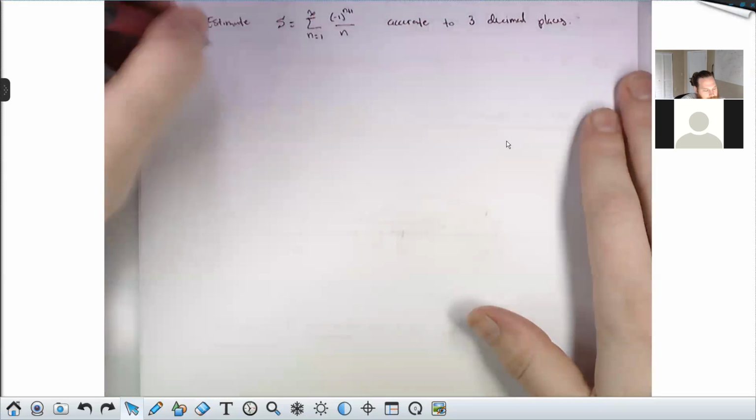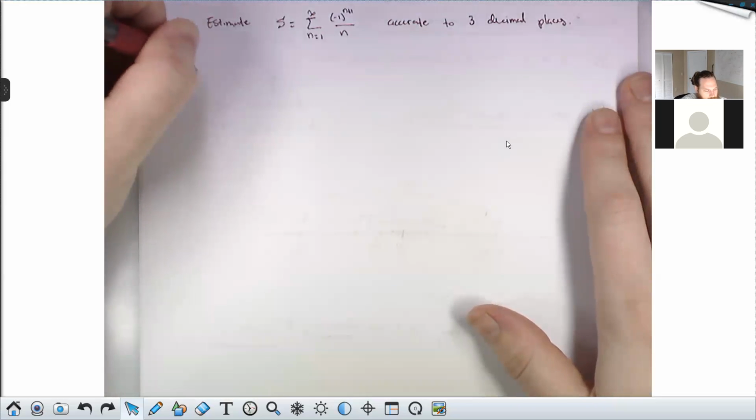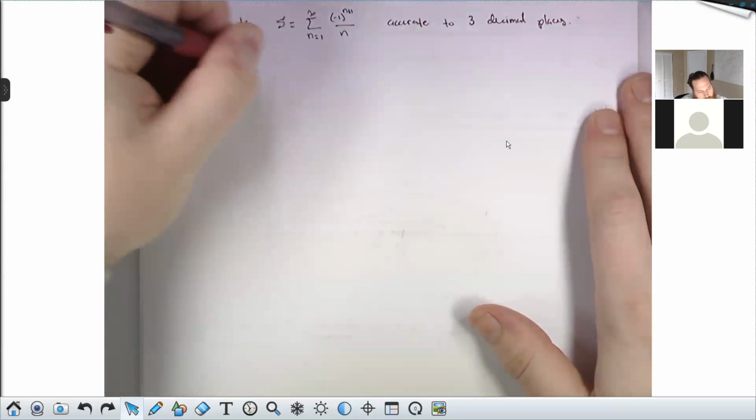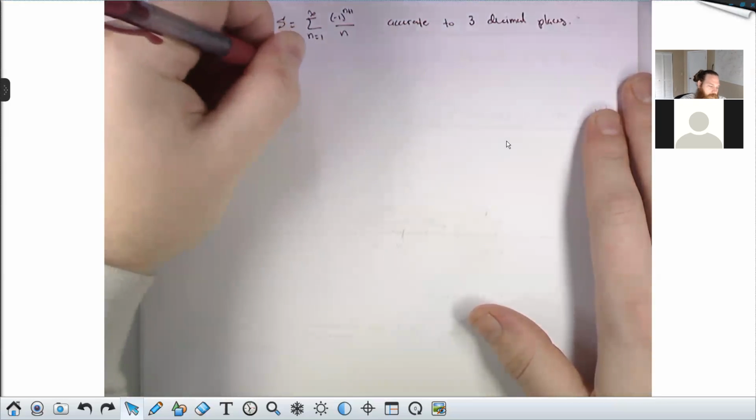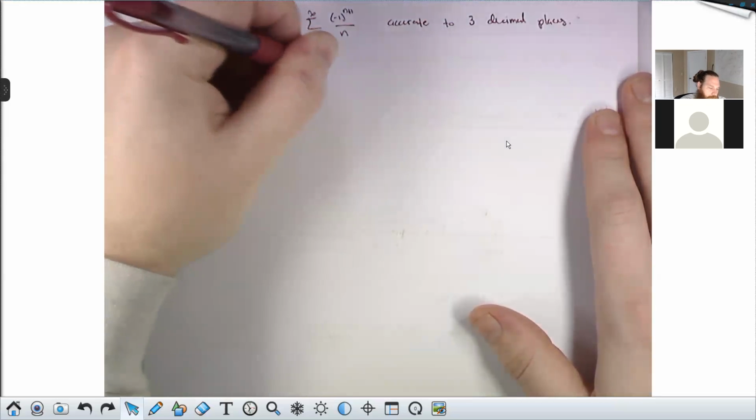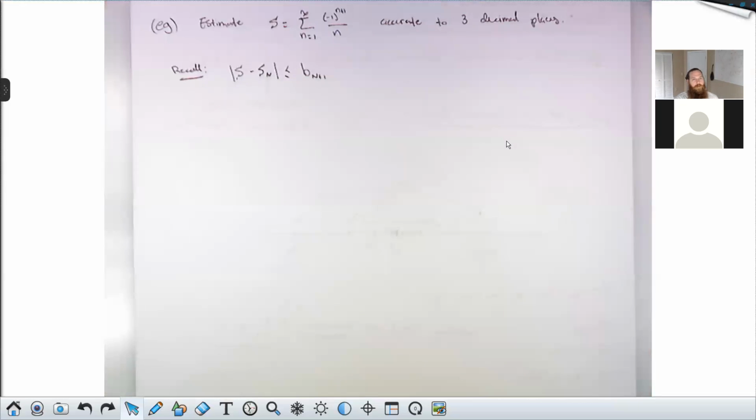Well, here we know that |S − Sn| is less than or equal to B sub n plus 1.